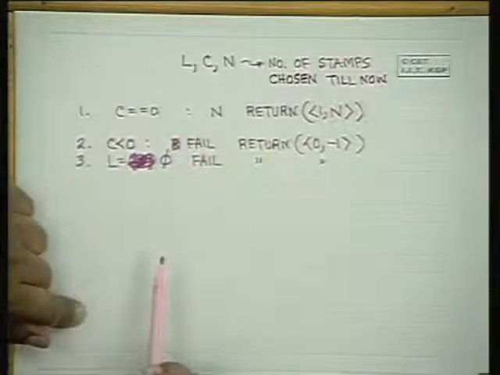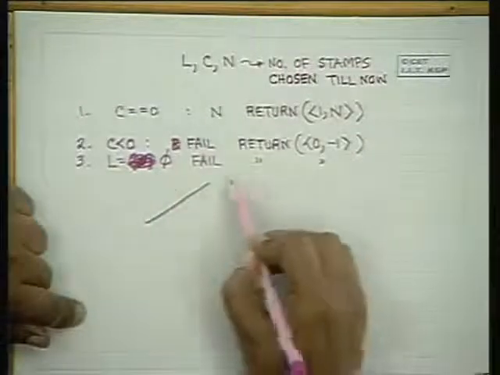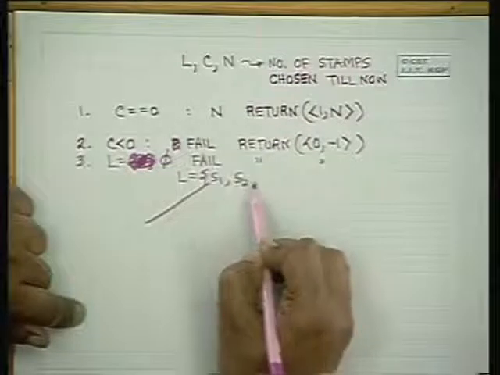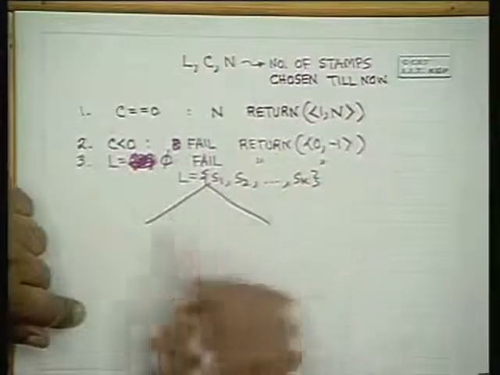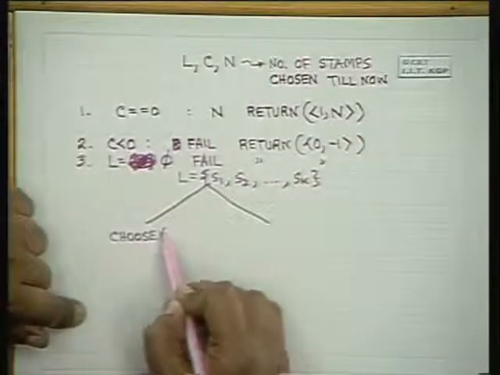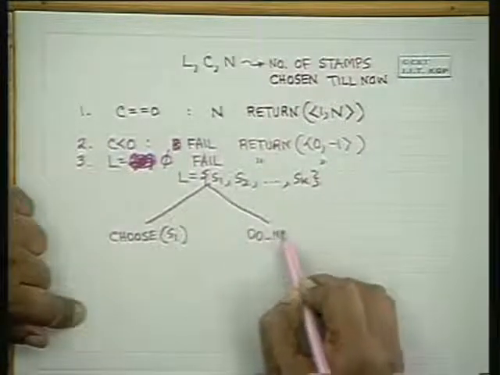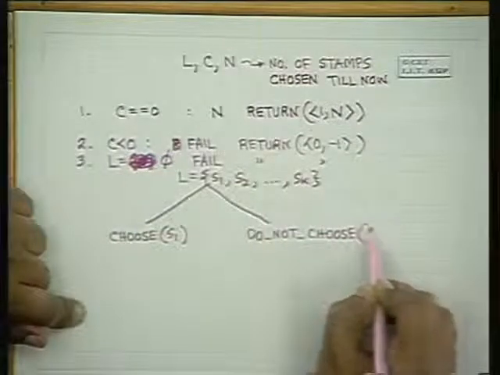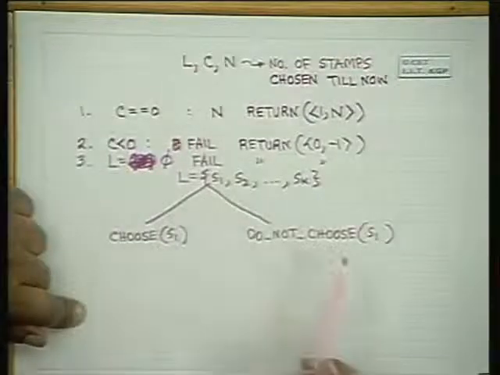And as we discussed before, you have got 2 choices. Choice 1, if L is S1, S2 and say Sk, you have got 2 choices. One is choose S1, that is S1 will be in your solution, and do not choose S1. That is, either I can take S1 or not S1.